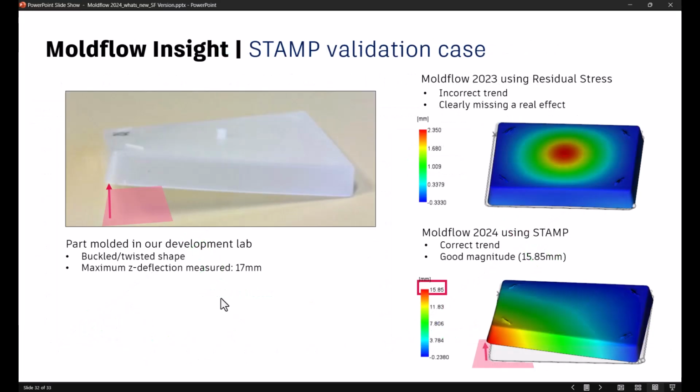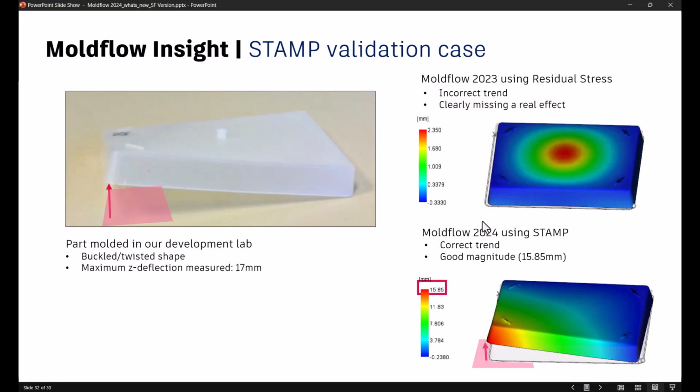This is a validation case that you will find in the validation paper: the part molded in our lab, and you can see the way it has been buckled or twisted, showing a maximum deflection of around 17 mm. The same analysis was run using the previous version, Moldflow 2023, with residual stress. An incorrect trend was observed, clearly missing the real effect.